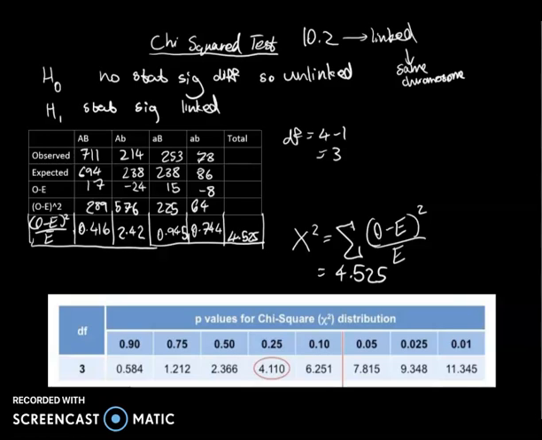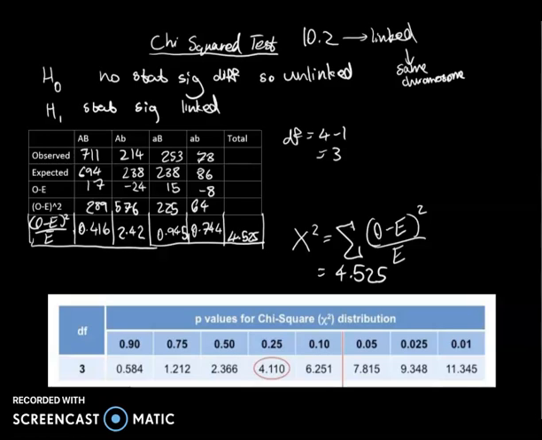So it's definitely not going to be less than a 10% chance for random variation to have caused this difference between the observed and expected values. So since there's a higher than 5% chance that this was due to random variation, we cannot say that the difference between the observed and the expected values was statistically significant.